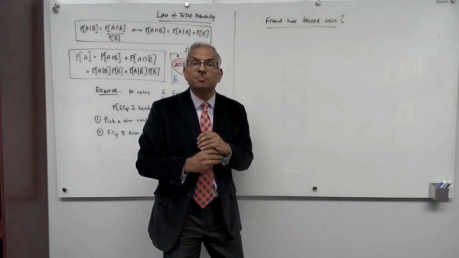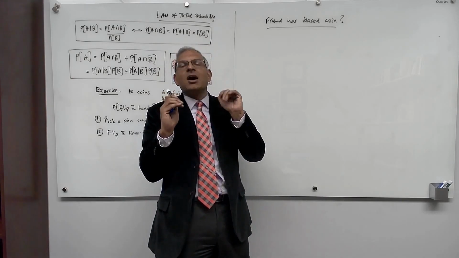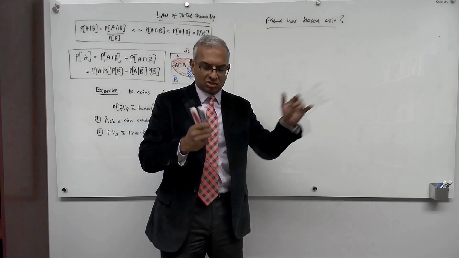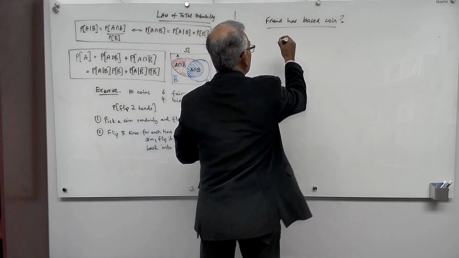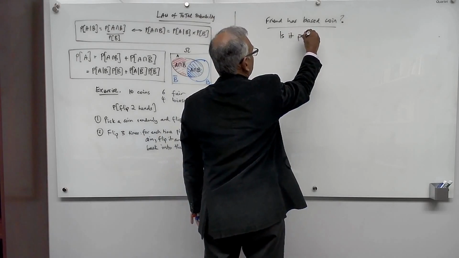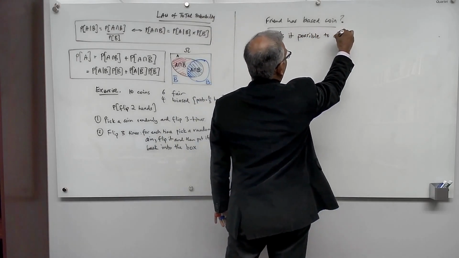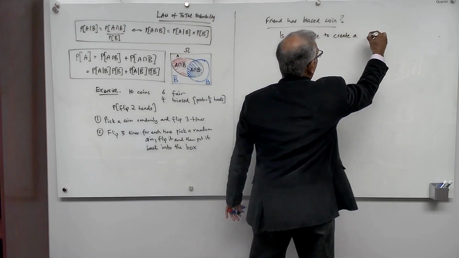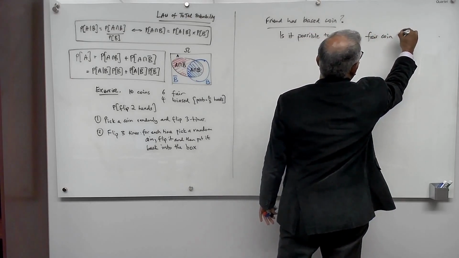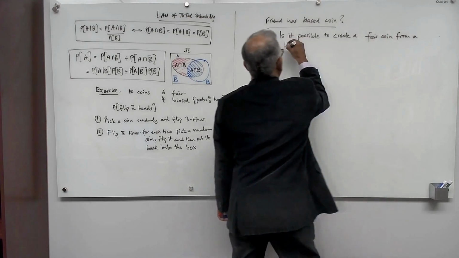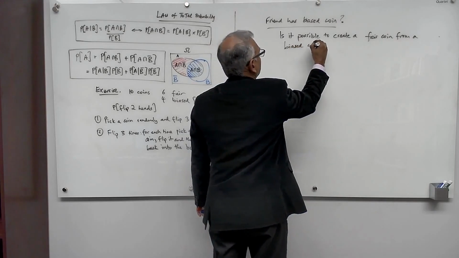So, is it possible to create a fair coin from a biased coin?